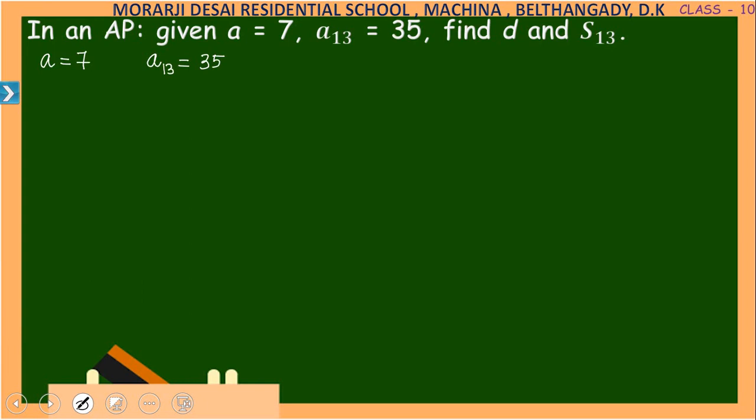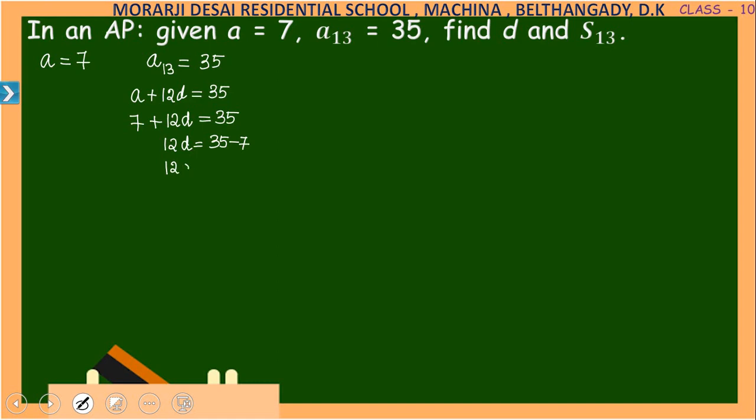If I use the formula of an, I can find d. So a13 is equal to a plus 12d, that is equal to 35. What is a? a is 7 plus 12d, we don't have d, is equal to 35. 12d is equal to 35 minus 7.